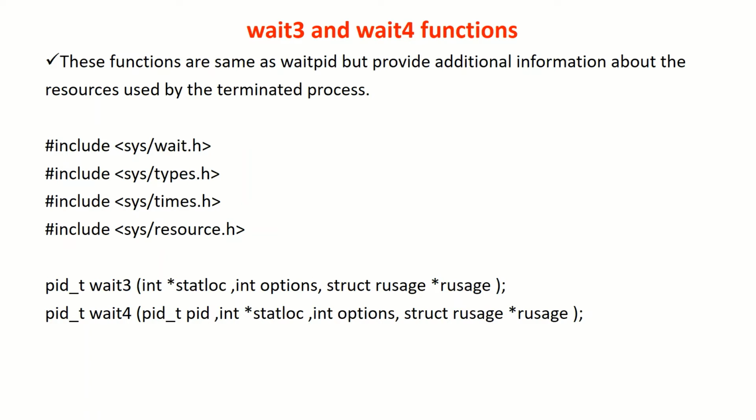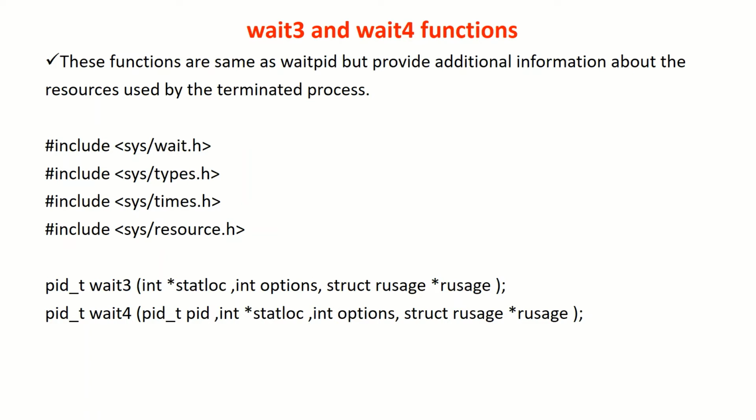Then we move towards options, which is the bitwise inclusive OR of zero or more of the following flags defined in the sys/wait.h header file. The first is WNOHANG, which does not suspend execution of the calling process if status is not immediately available for any child process. And then one more is WUNTRACED.